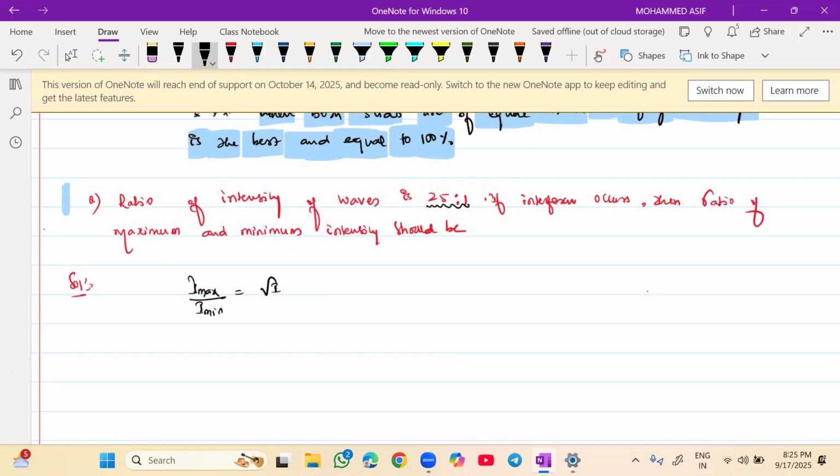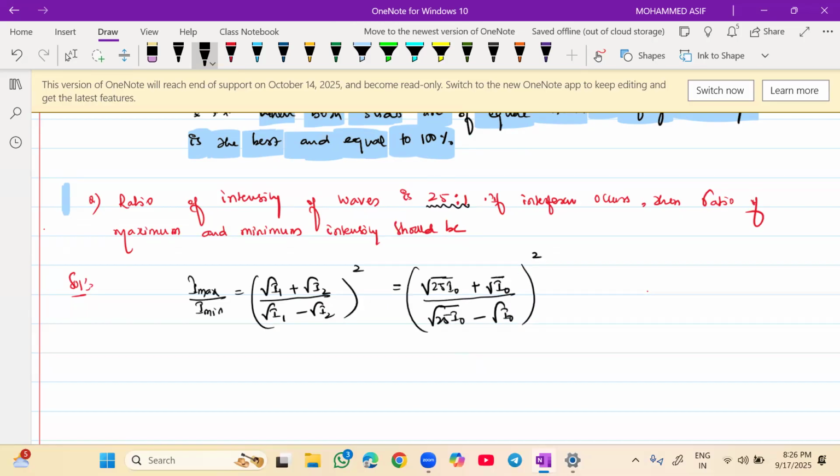Root of I1 plus root of I2, divided by root of I1 minus root of I2, whole square. Root of I1 is under root of 25 I naught, plus root of I naught, divided by root of 25 I naught minus root of I naught, whole square.